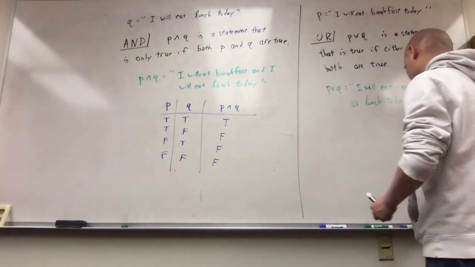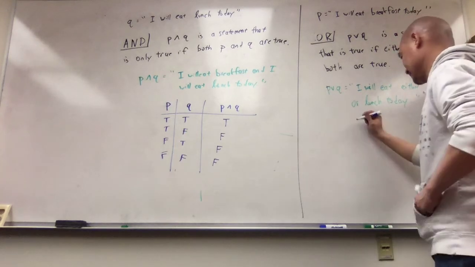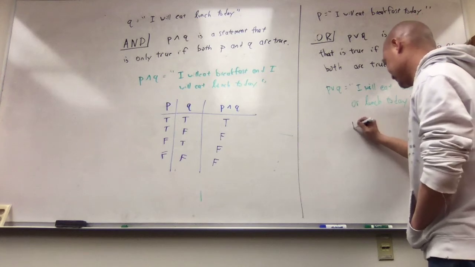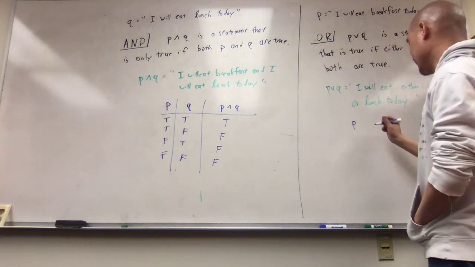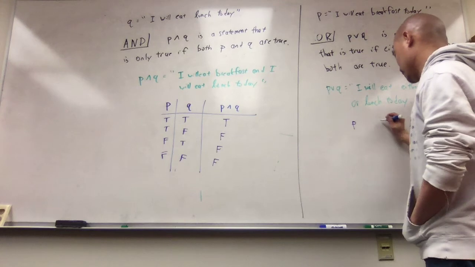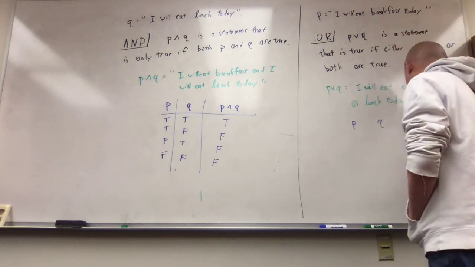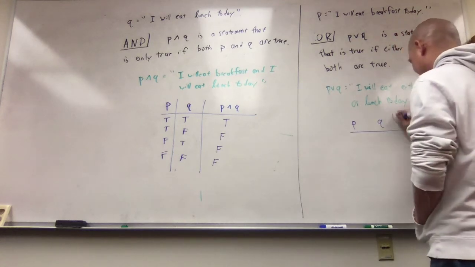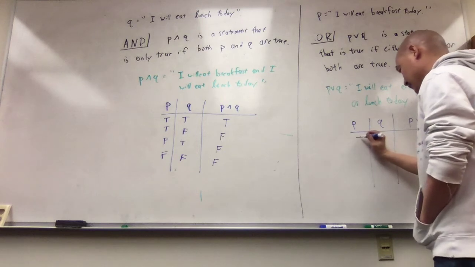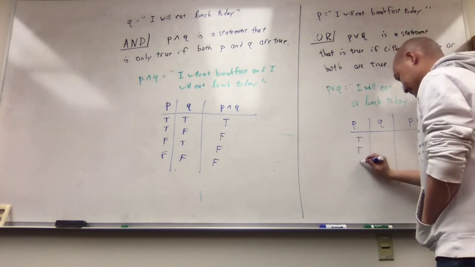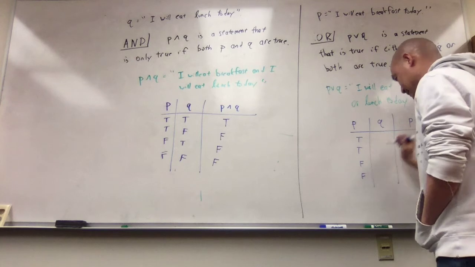And so let's write out the truth table for that. P, Q, P or Q, we have our same 4 combinations.